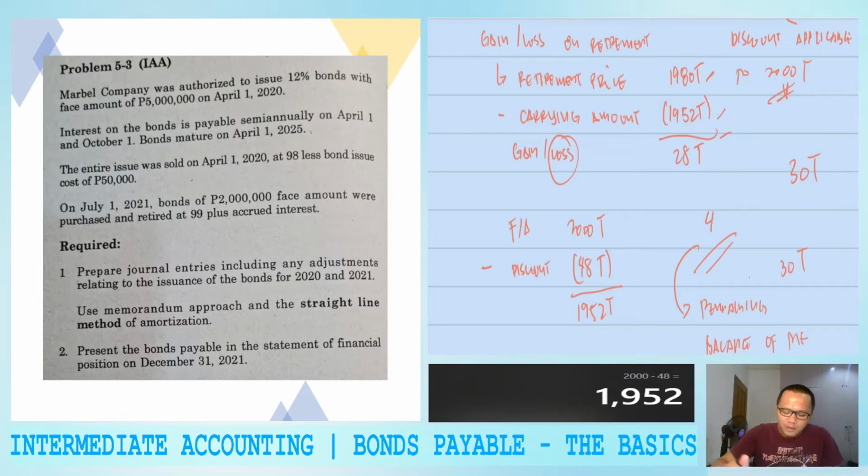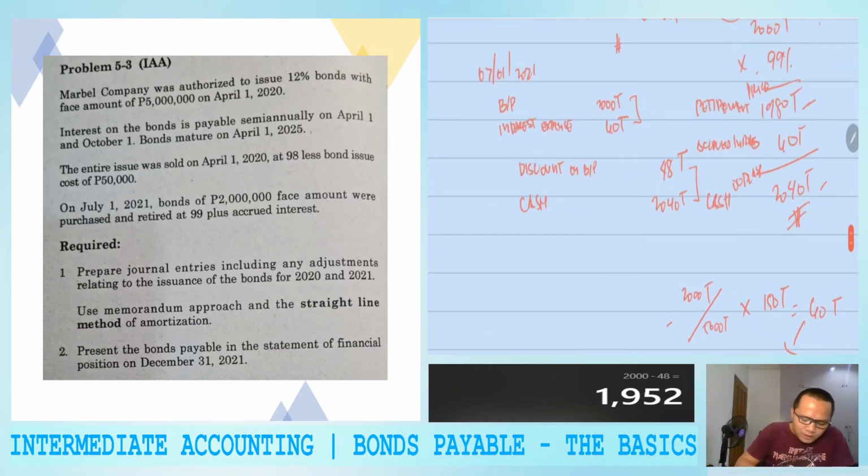Pero assuming, baliktad yung situation, yung carrying amount or yung utang natin is 1,980, tapos yung binayad natin is 1,952. Obviously, that is gain on retirement. May utang ka na dos, yung binayad mo, piso. That is gain. But in this particular case, we have a loss.